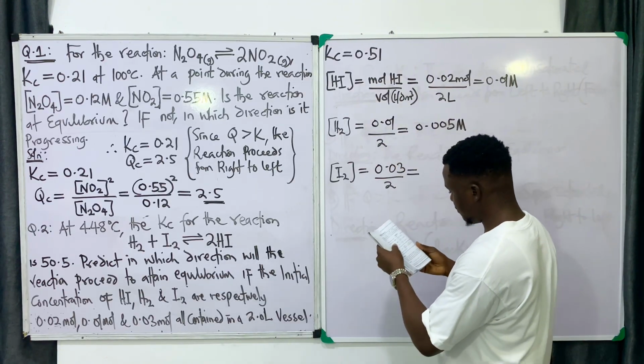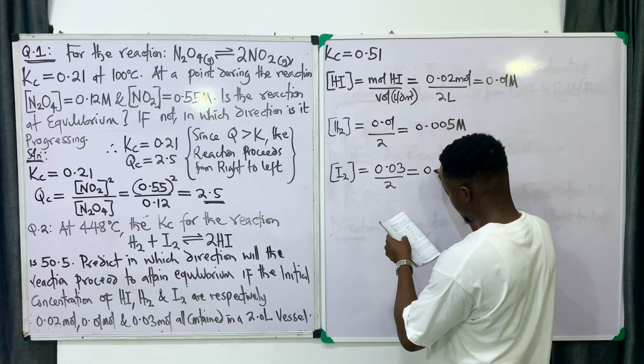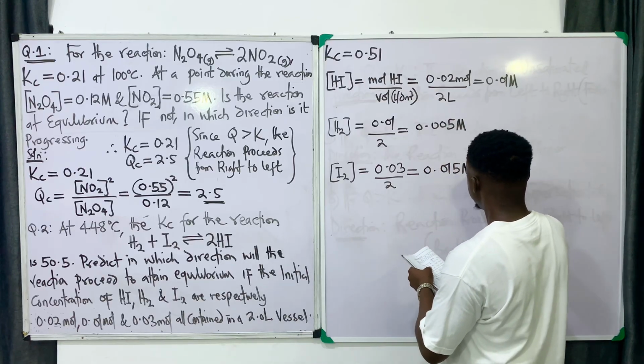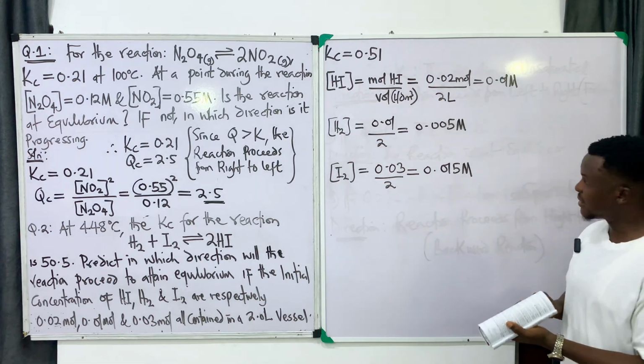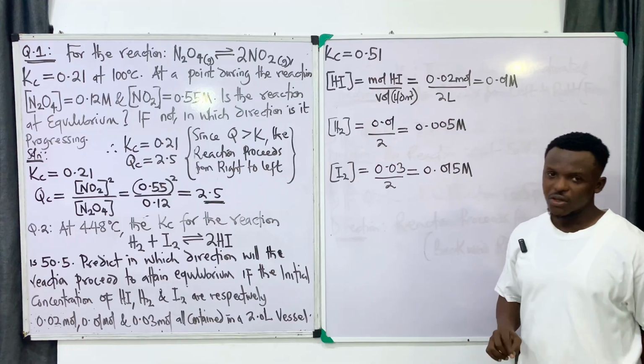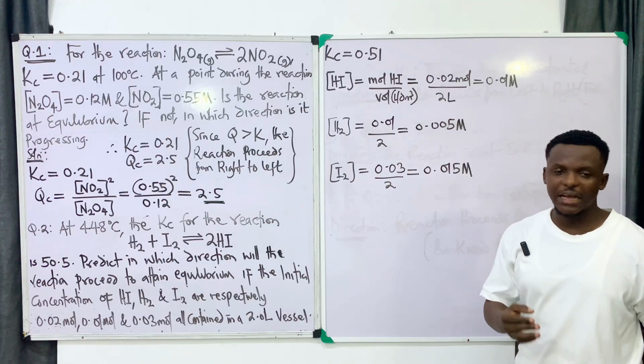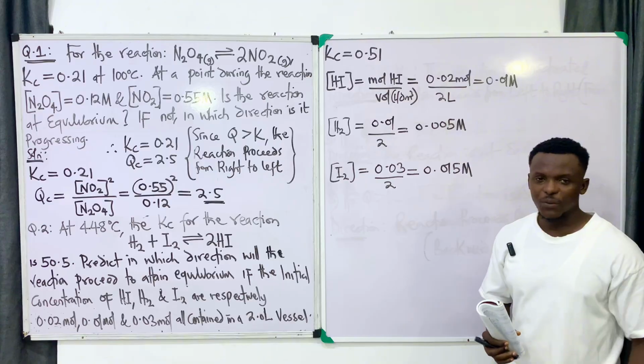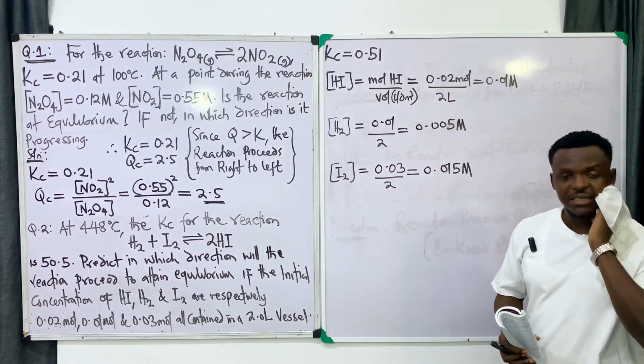So this becomes 0.015 molar. So we have succeeded in getting the equivalent in terms of molar concentration. So we can now proceed to solve for the reaction quotient, right? So that we can now compare with the equilibrium constant given to us.